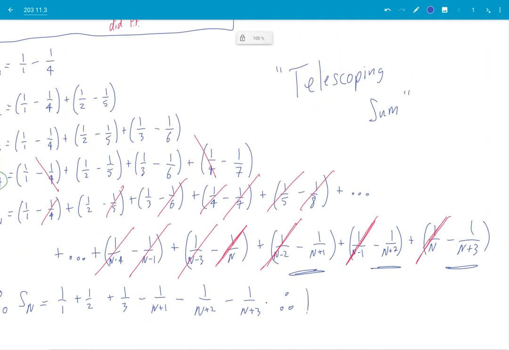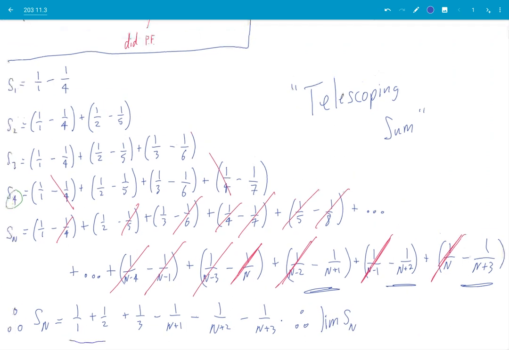Now that I have this nice simplified form here, I can say the limit is just the first 3 terms, because this circled part, the limit is 0. And if I do a common denominator, what do I get?